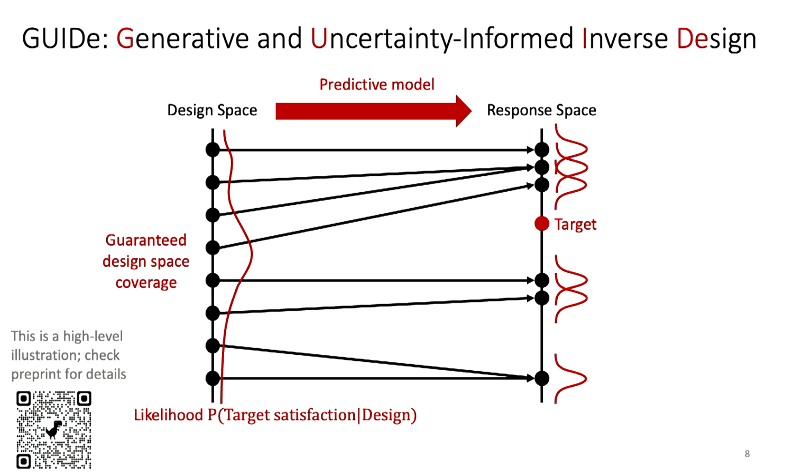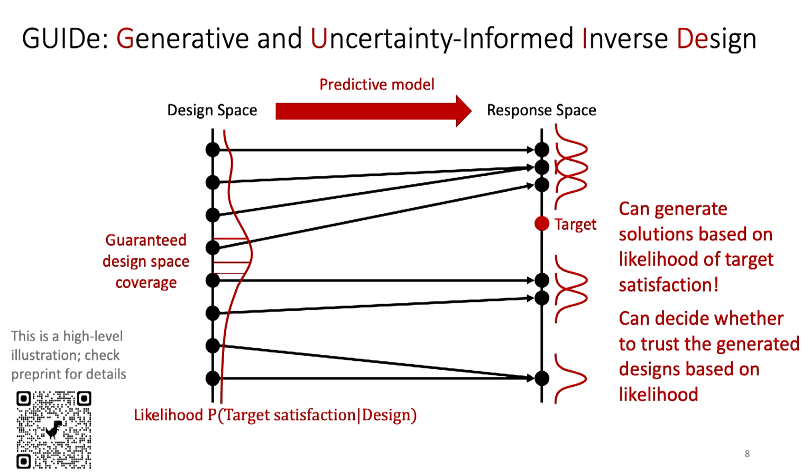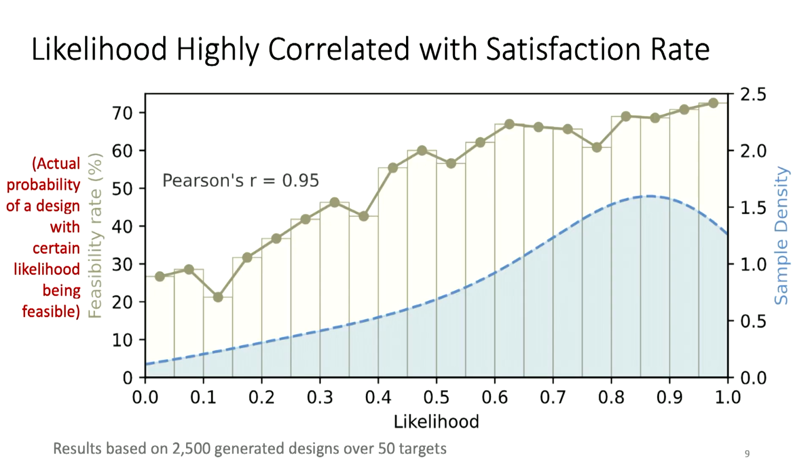Based on this likelihood, we can sample designs from the design space using MCMC. And more importantly, we can also use this likelihood to indicate a confidence of our model for any solutions it generates. So basically, we can then decide whether we can trust our model on this solution or not.